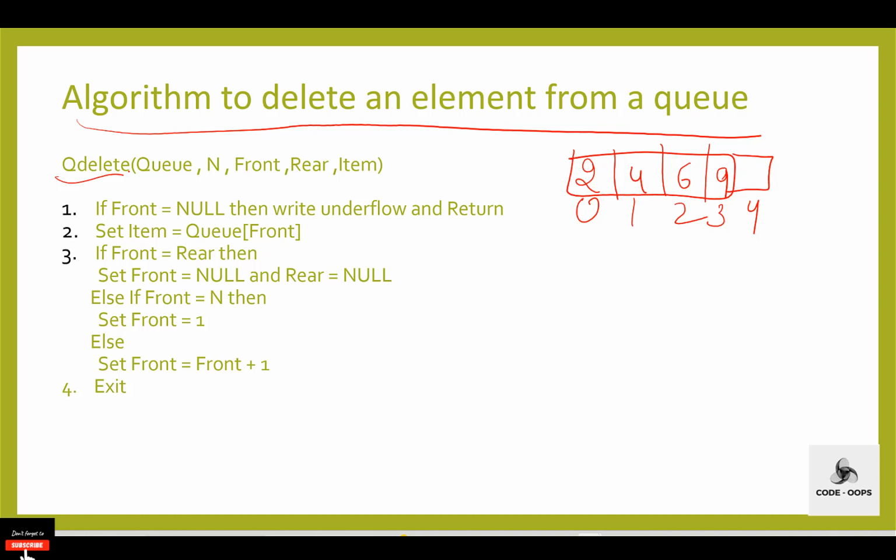Front points to the front end of the queue and rear points to the rear end of the queue. The first step of the algorithm is: if front is equal to null, then write underflow and return. Front equal to null means there is no element in the queue. Then write underflow and return. Otherwise, set item is equal to Q of front.